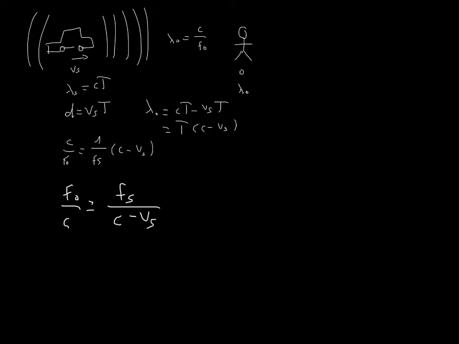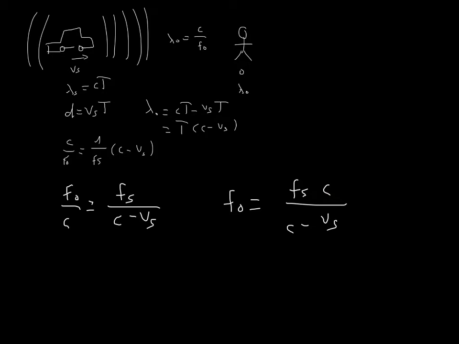And then from here, it's pretty straightforward. I just need to put the c over here. So I get that the frequency of the observer is the frequency of the source times c over c minus velocity of the source. And now I don't really like the way this is put because I have two c's here. So I'm just going to divide this by c and divide this by c to get the final formula.